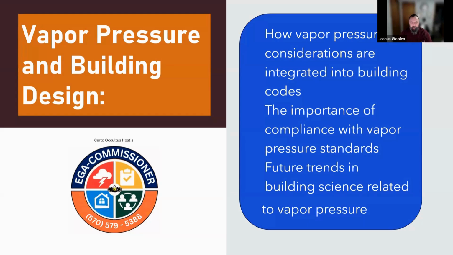Vapor pressure considerations are integrated into a lot of things. The importance in the compliance with vapor pressure standards. The future trends of buildings are going in that direction. And that's where we need to start going. And we as an industry need to start understanding, right?